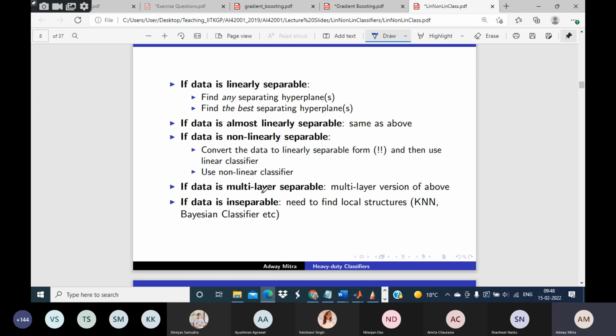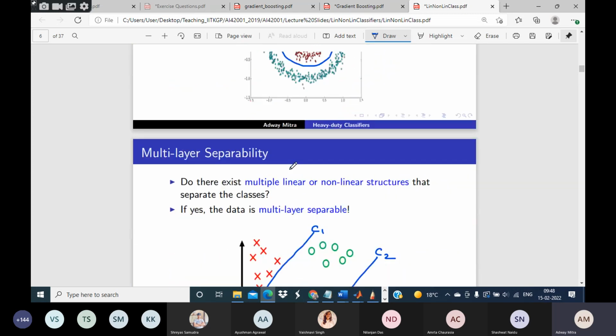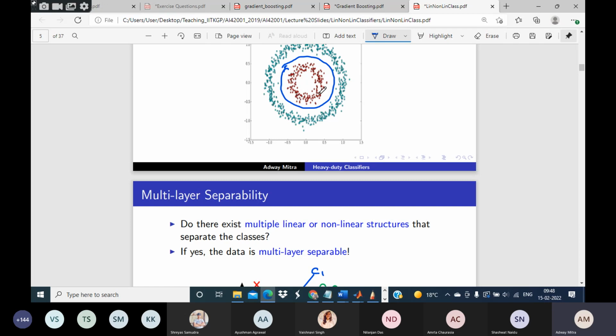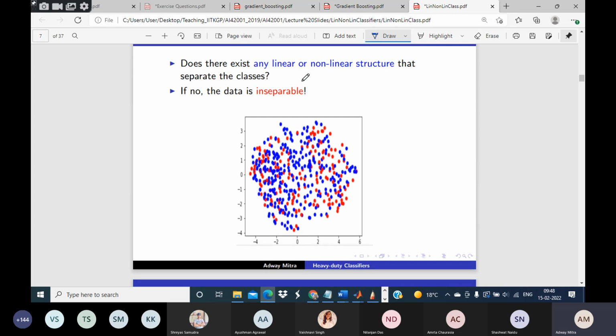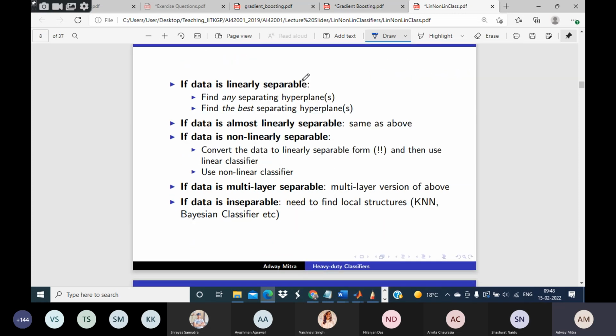One is, of course, to use a non-linear classifier, like, as I was saying, in this kind of situation, where I will have to build some kind of a circle or some non-linear structure, and on the basis of that do the classification. But it may also be that I convert the data into some kind of a linearly separable form and then use a linear classifier.